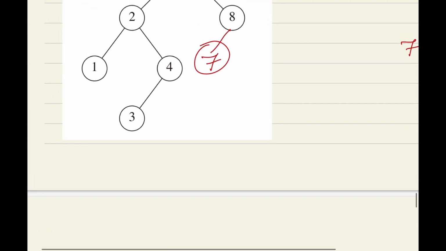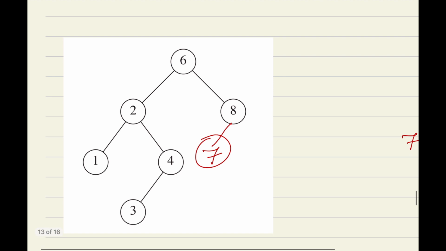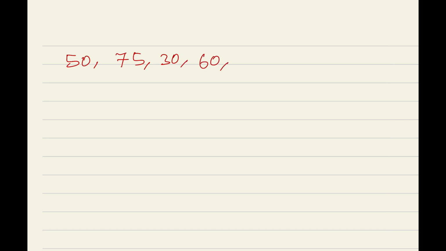Now suppose consider one example like this. Assume some elements are given like 50, 75, 30, 60, then 35, then 10, then 90, then 21, then suppose 65, like this.